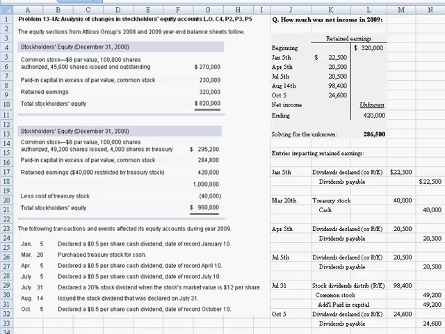Okay, now the last transaction we need to take care of is we declare a 50-cent per share cash dividend on October 5th. Sorry, I butchered that sentence there. In this one, the only thing that makes it tricky is that now our shares have increased. So we had 45,000 shares. We backed off 4,000 shares for Treasury, right?